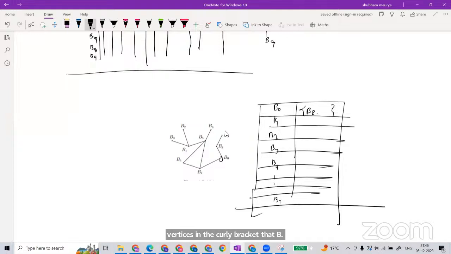And B1 is connected with B3, B2 and B5. So like this, whatever vertices B2 is connected with, we'll write in the curly bracket. This is called the representation of an adjacency list. Like this, we are listing out.